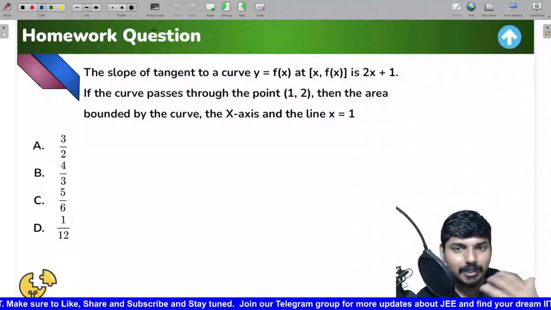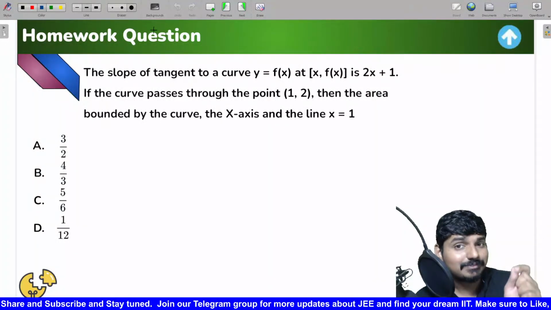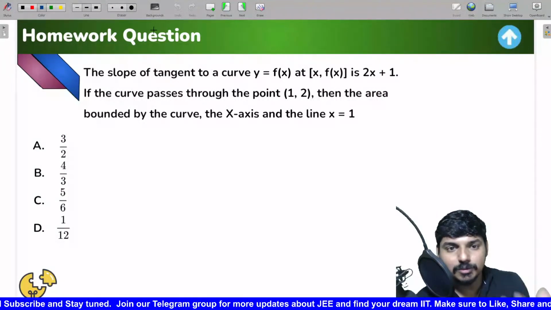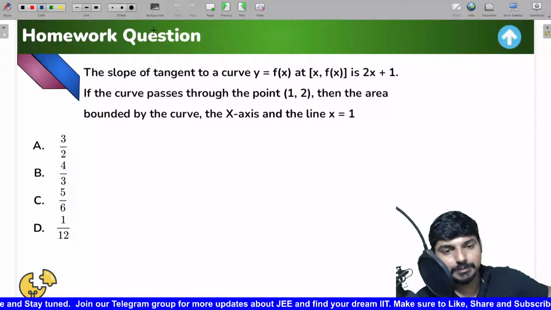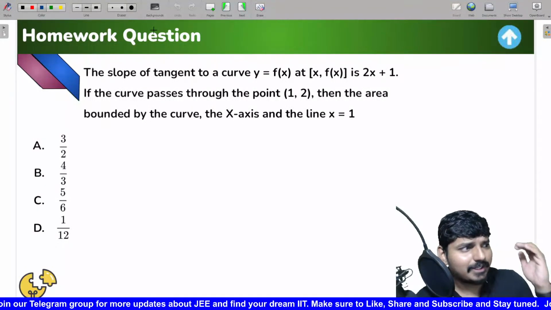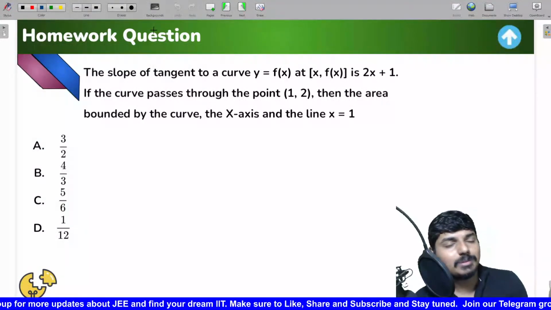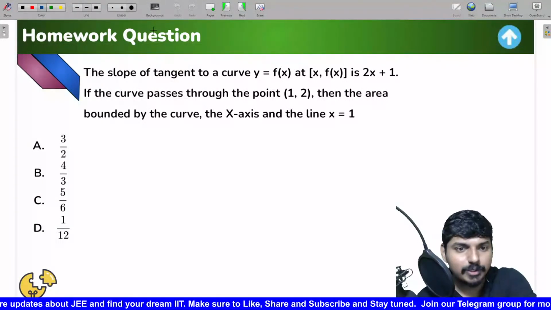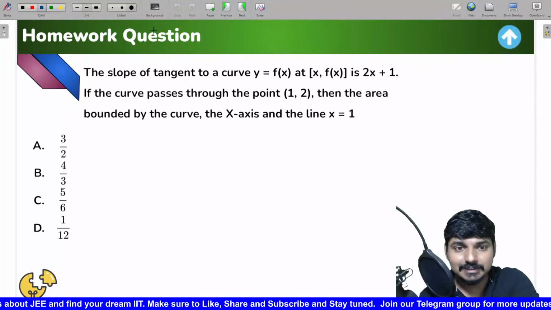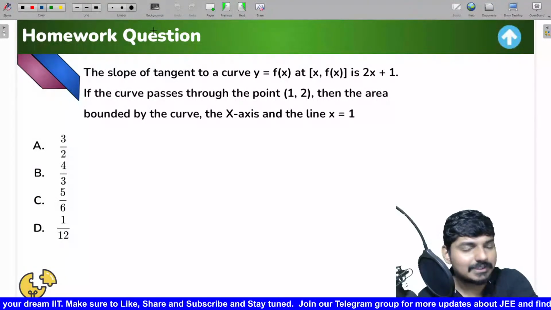I'm going to announce it in the next week. So guys, we'll see in the next class how many students are going to give me the right answer for this particular question. A very simple question, guys. Just read the question carefully and see which option you get as the right answer. I'm going to announce the result and tell you the right answer in the next session. Let us see how many students are going to get this answer correct.